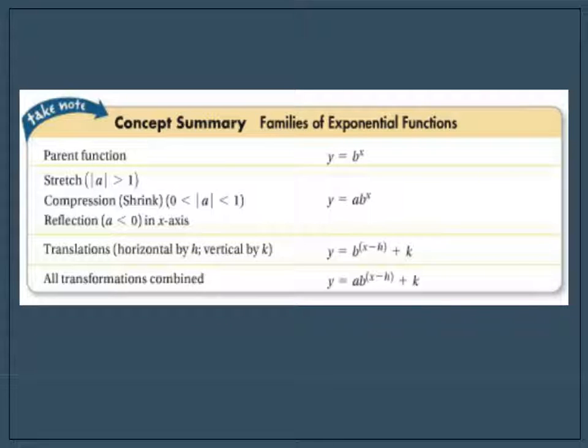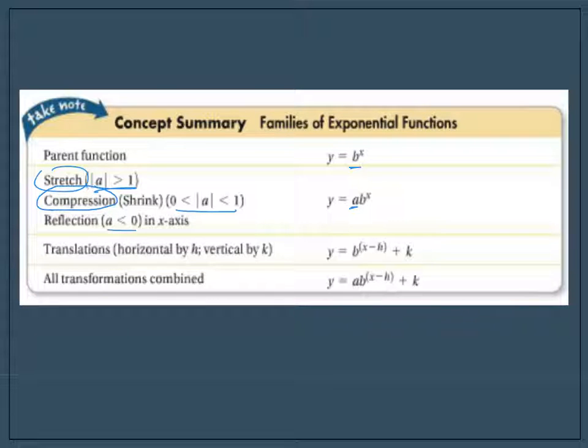Alright, so this last screen is just a summary of everything that we've basically done. Everything for the most part was always affected by B, right? B was always considered our parent. Now, if A was greater than 1, it happened to be a stretch, and if it was between 0 and 1, we would either call it shrink, but I tended to call it compression.